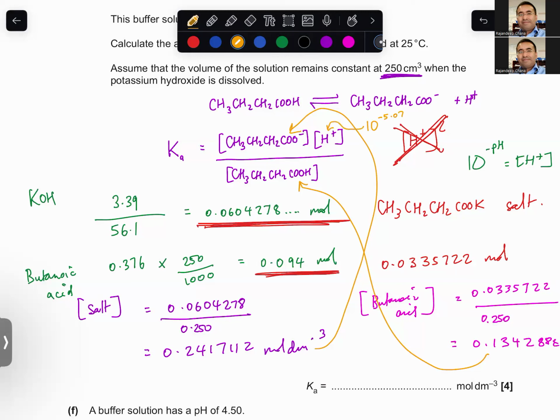So we just plug in those values, and that will give us the Ka value.